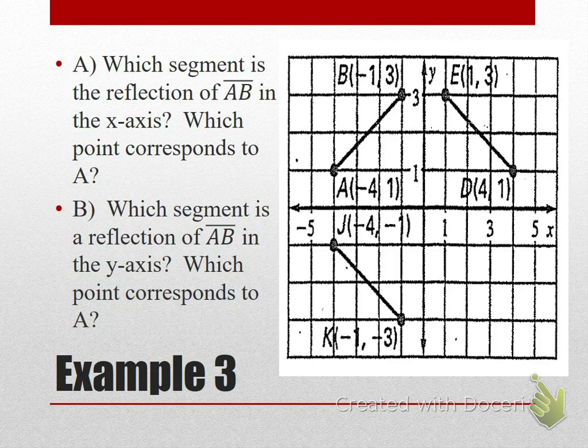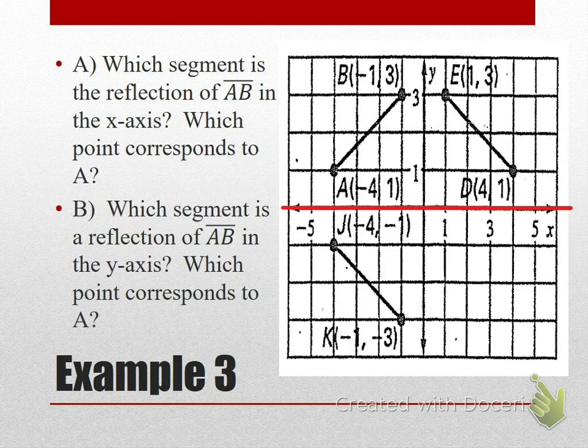Which segment is the reflection of segment AB in the x-axis? Which way does our x-axis go? Left to right. So our x-axis, that's what we're focusing on, is here. That's what they're using as their line of reflection for letter A. So our original figure is segment AB, which would be a reflection in the x-axis.